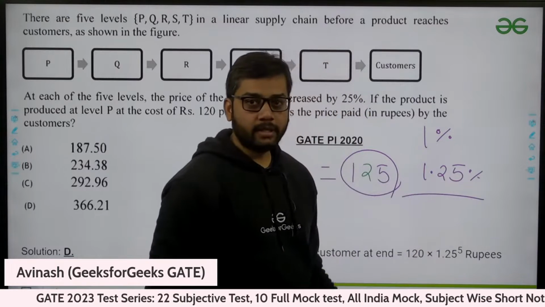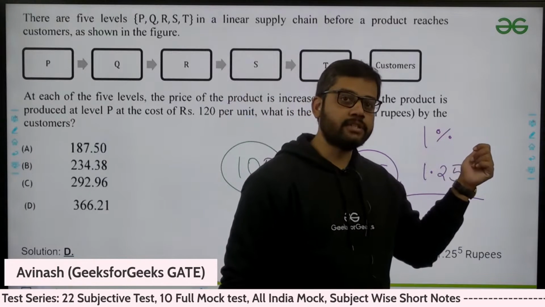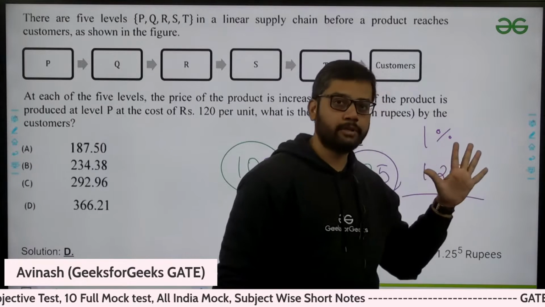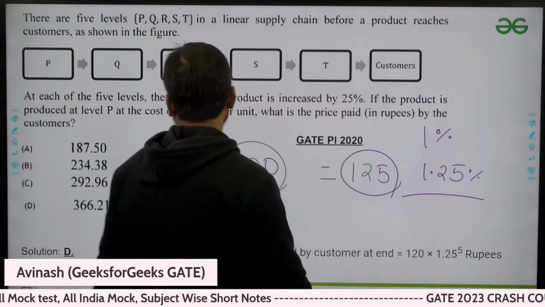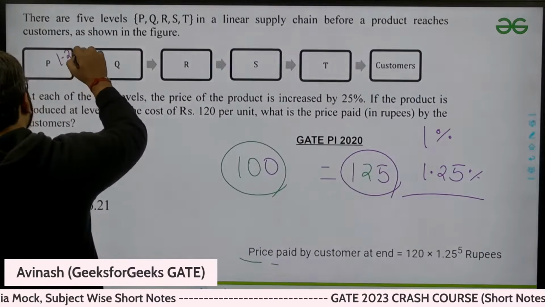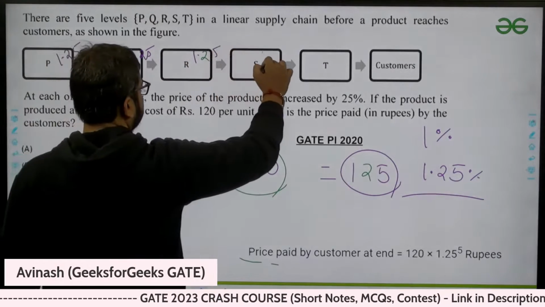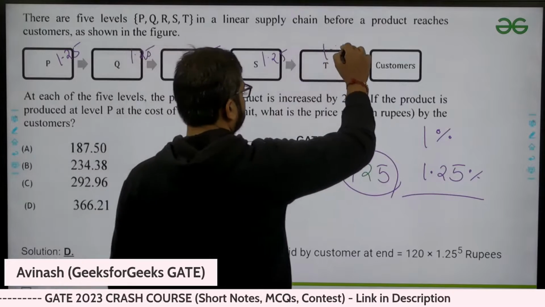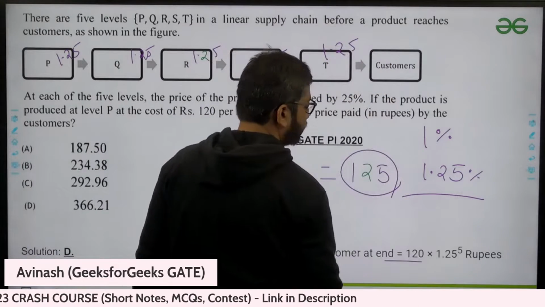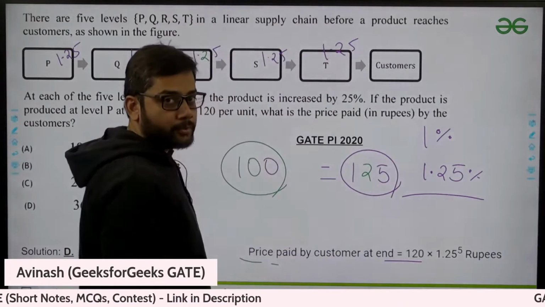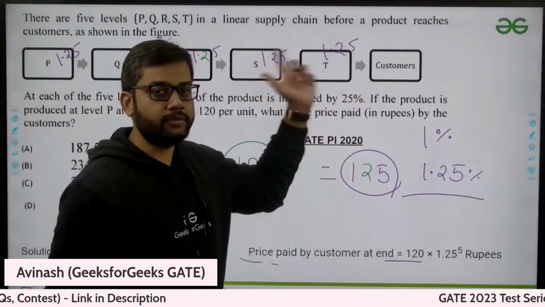You agree with me? Here it's the original price, and once it's increased by 25%, now it's 1.25 times. So 1.25 is multiplied in every one of them. Okay, because so can't we write 120 basic price, and since 1.25 is multiplying all of them, we'll take the common.